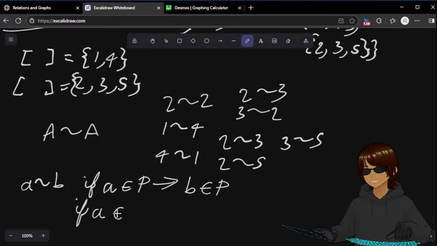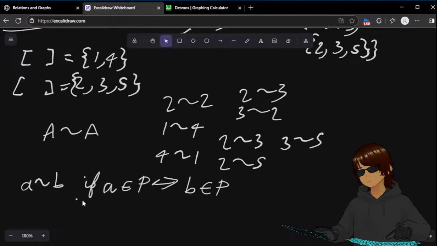If A actually, it has to be like this. So if 2 is prime, then 3 is prime. If 3 is prime, then 5 is prime.